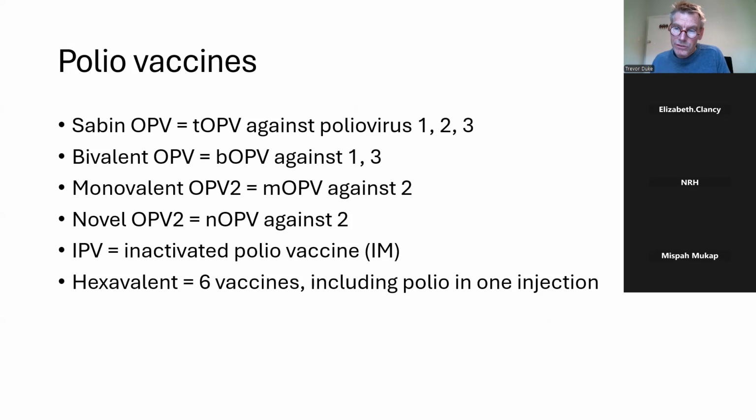And one vaccine I hope you will hear more about is called the hexavalent vaccine. We've got used to the triple antigen and then the pentavalent vaccine. Now there is a hexavalent vaccine that's used in many countries throughout the world, including Europe and throughout Asia, Indonesia uses it, Australia uses it. It's six vaccines in one, including polio, IPV, in one injection.